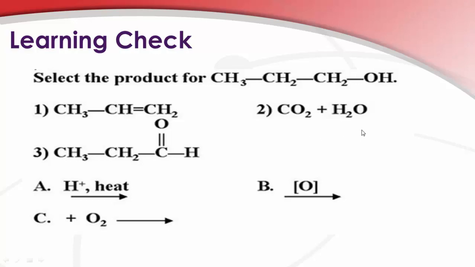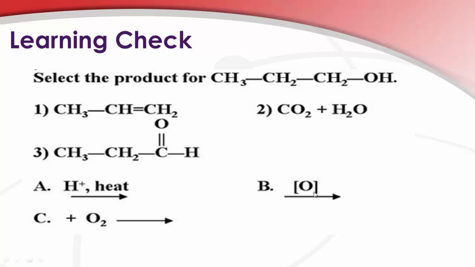Okay, welcome back. So hopefully you got the right answer. If we take conditions A, acid and heat, we can kick off that water molecule and form the alkene. So this would be propene.